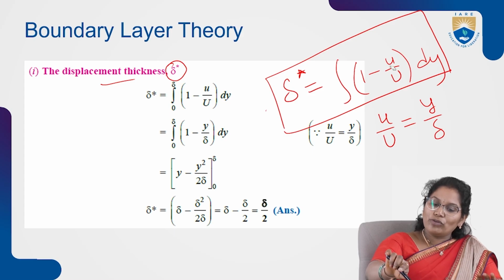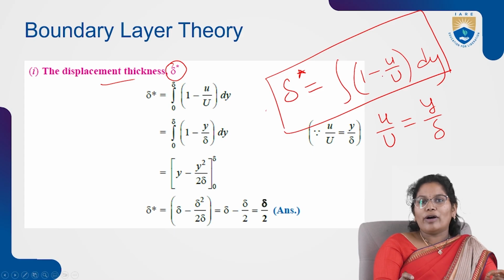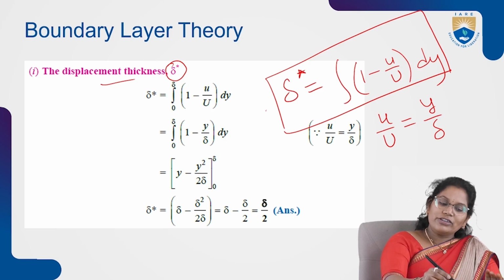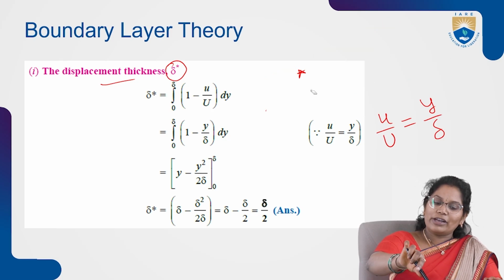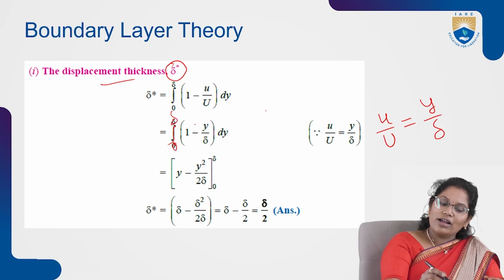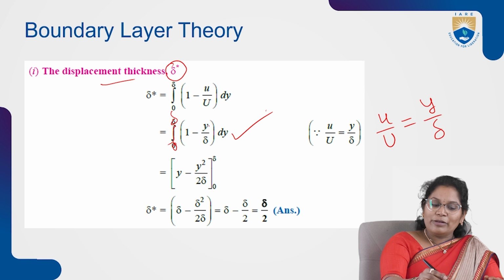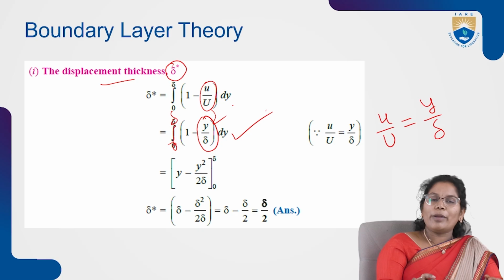In place of small u by capital U, that is written as y by delta, it will become integration from 0 to delta of 1 minus y by delta into dy.